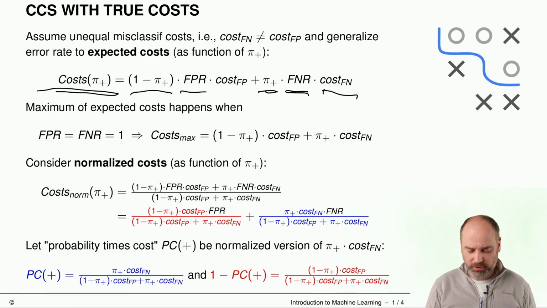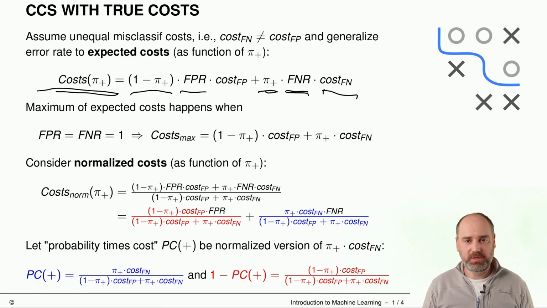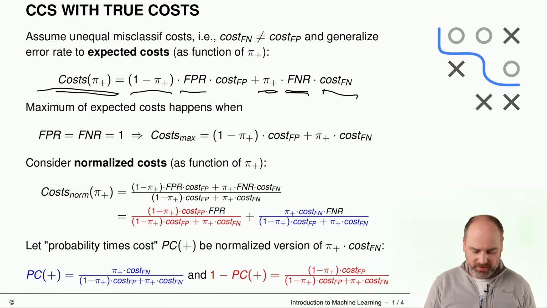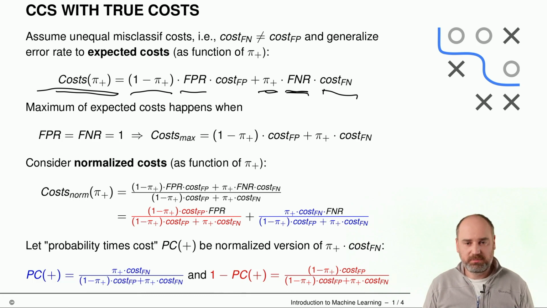Let's do the positive case. We sample a positive element, we produce an error, and that happens with the probability of the false negative rate, right? That's the probability of producing a negative label although it is truly positive. Now we simply multiply that with the associated costs. We do this also for the case where we sample a negative label, and then the sum of these two terms gives us the expected costs as a function of the prior probability pi plus.